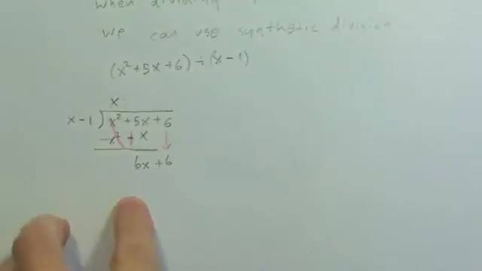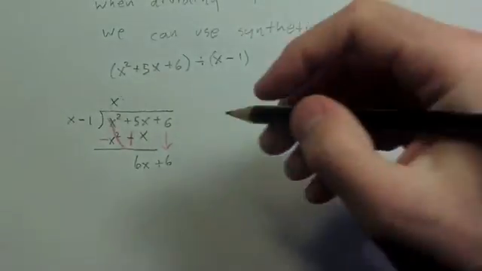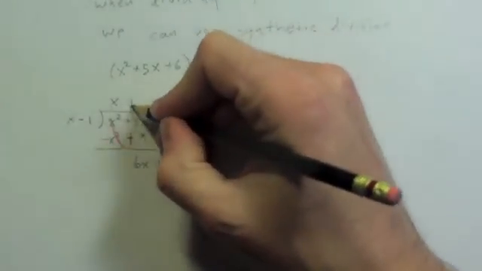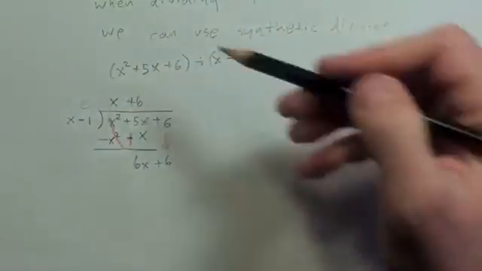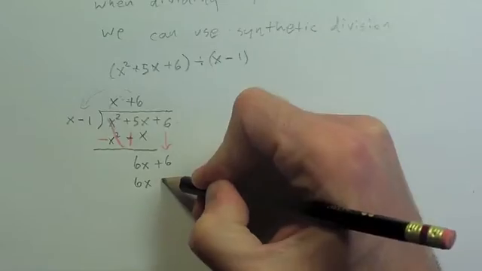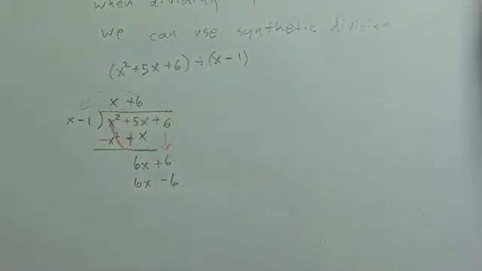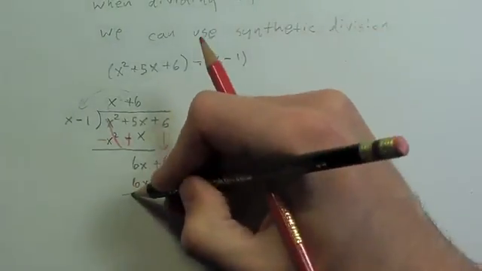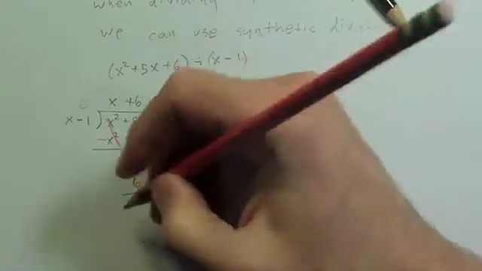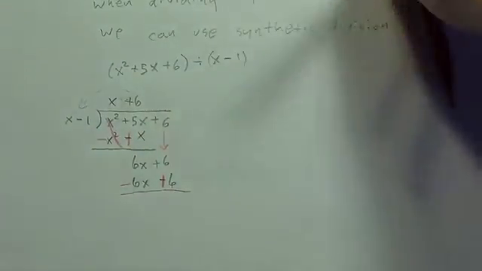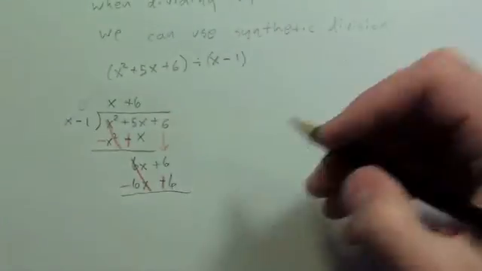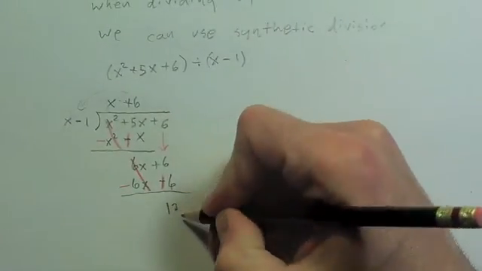I try to find something I can multiply x by to give me a 6x, and plus 6 would do that. So 6, multiply that through, I'd get a 6x. I get a minus 6. And then I would go through and change my signs. The 6x's would cancel and I have a 6 plus a 6, so I get a 12.